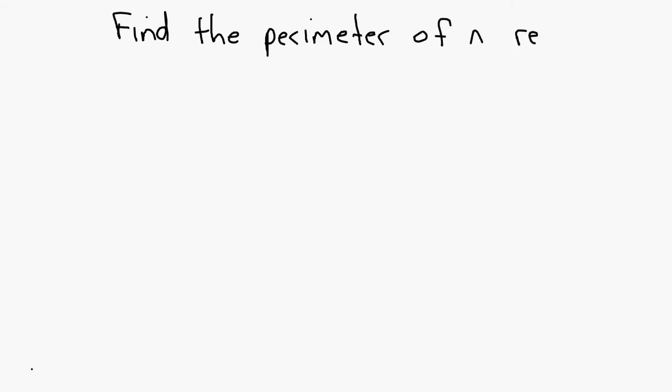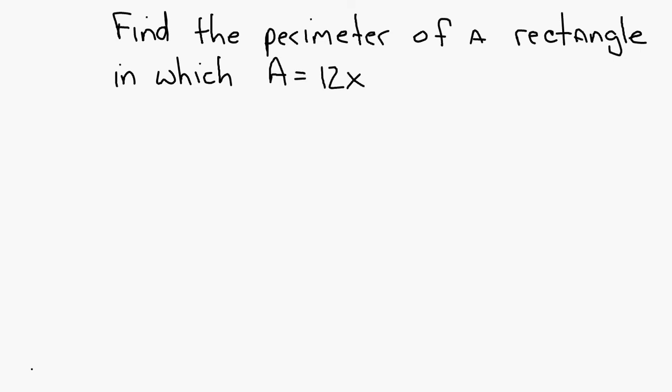You're asked to find the perimeter of a rectangle in which the area equals 12x. And they give you a picture of that rectangle, so it looks something like this.